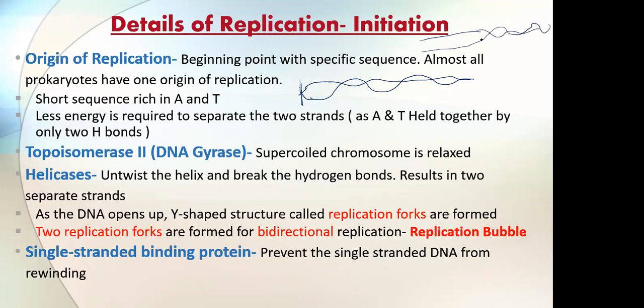Now this is the starting point of DNA replication. That starting point is called the origin of replication. It is where the DNA replication starts, or you can say where the helicase enzyme starts breaking the hydrogen bonds.